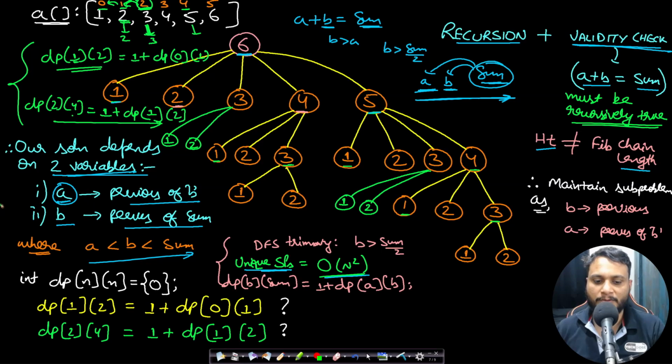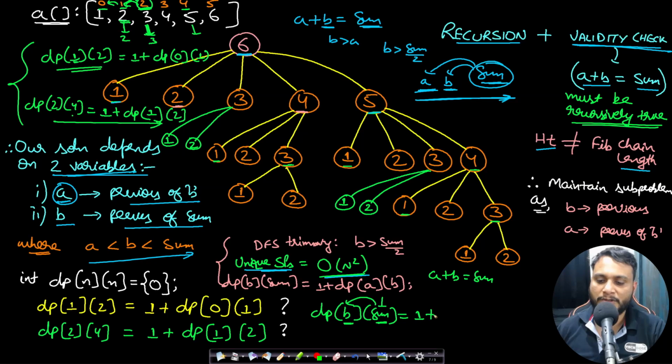So in general, if a plus b is giving me the sum value, then I can write dp at b and sum. That means if sum is where my Fibonacci like sequence is ending and b is the previous value of this sum, then that will be equal to 1 plus dp at a and b. That means if a was the previous item of b, this is the meaning of it.